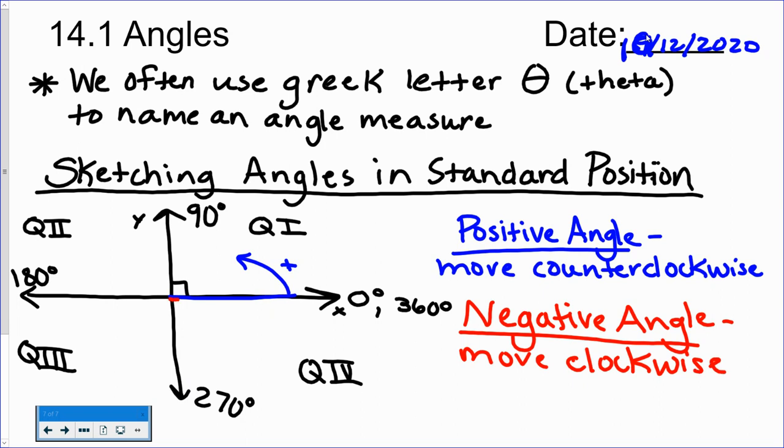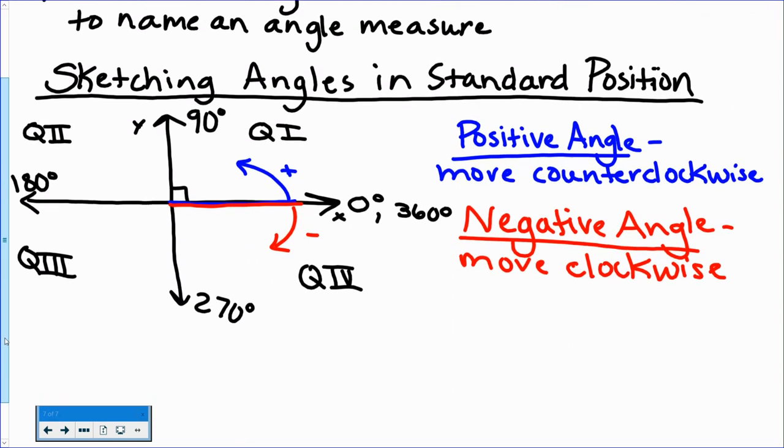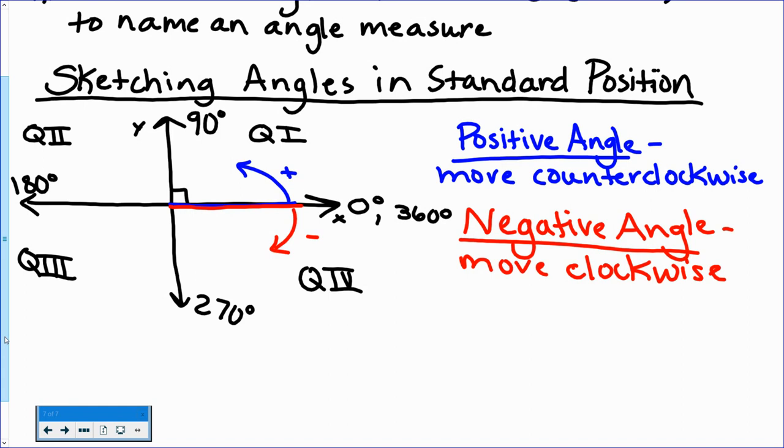So if this is my starting position here at 0 degrees, my angle would move in the reverse direction clockwise, which would be a negative angle direction. So a negative angle is something that's going to be a little bit new to you in geometry. You probably did not talk about negative angles.